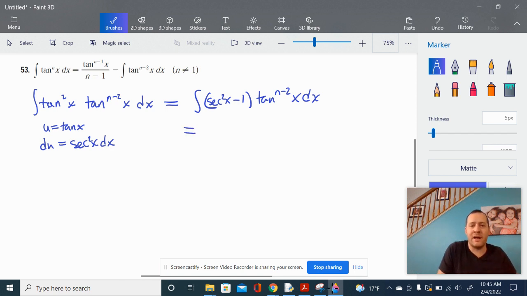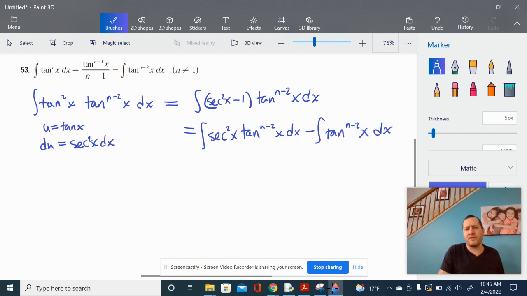We're going to go ahead and rewrite this with this distributed as the integral of secant squared of x times tangent to the n minus 2 of x dx, minus the integral of tangent to the n minus 2 of x dx. One more thing before I finish this. That was also a clue.